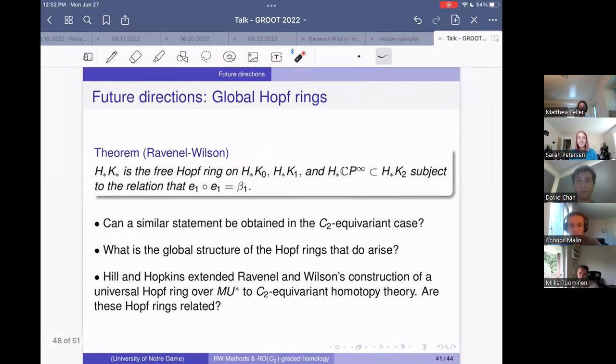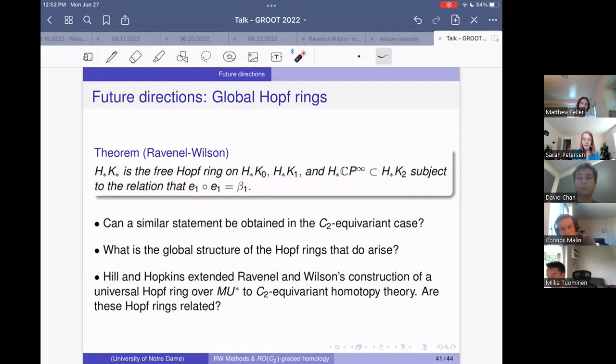And so some future directions from here are, well, Ravenel and Wilson in their non-equivariant work have that the homology is the free Hopf ring on the homology of K0, K1, and CP infinity, subject to a single relation.